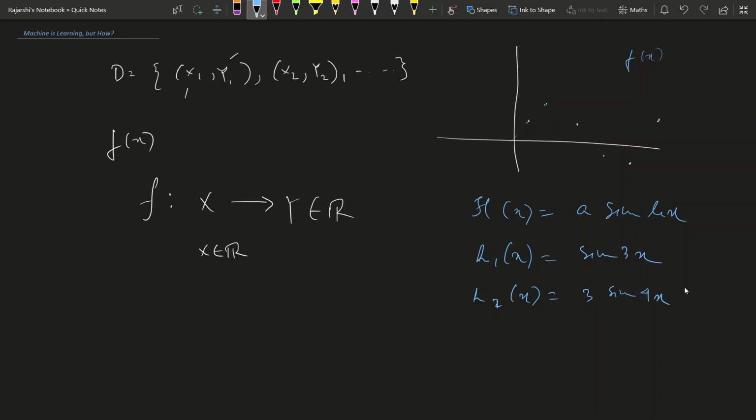So the point I'm trying to make is, your hypothesis set consists of small hypotheses, h1 of x, h2 of x and so on.